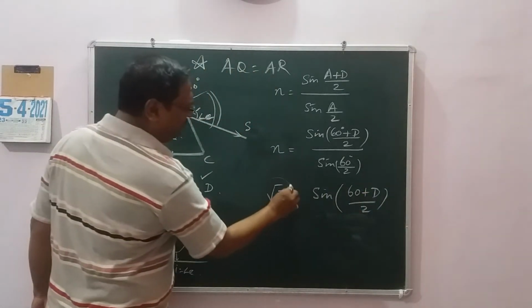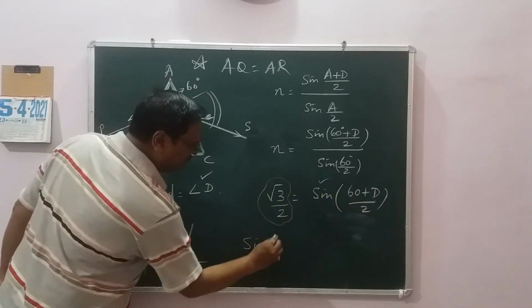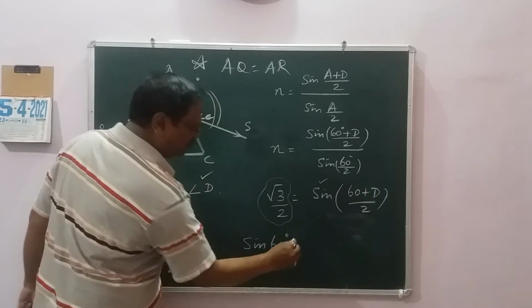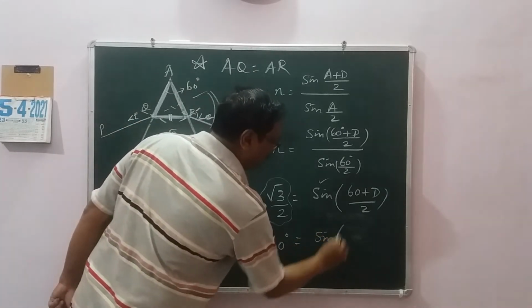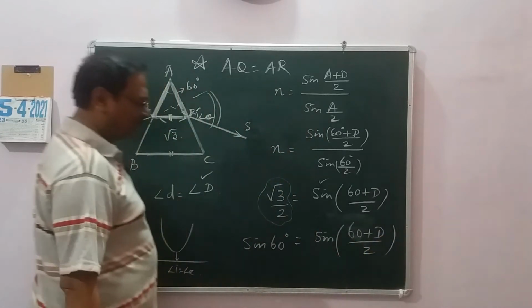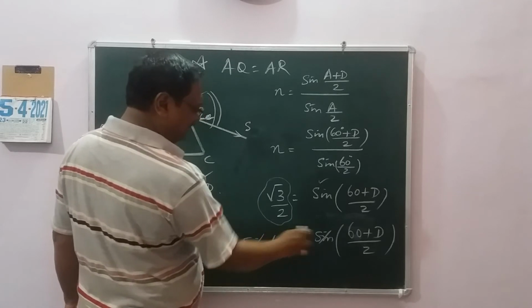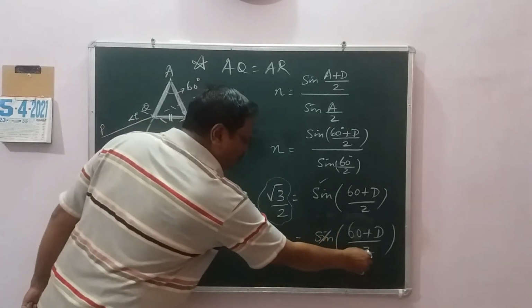So what is √3 by 2 in terms of sine? That is nothing but sine 60 degrees, which is equal to sine of (60 plus D) divided by 2. We need not worry about the sine, so 60 equals (60 plus D) by 2.